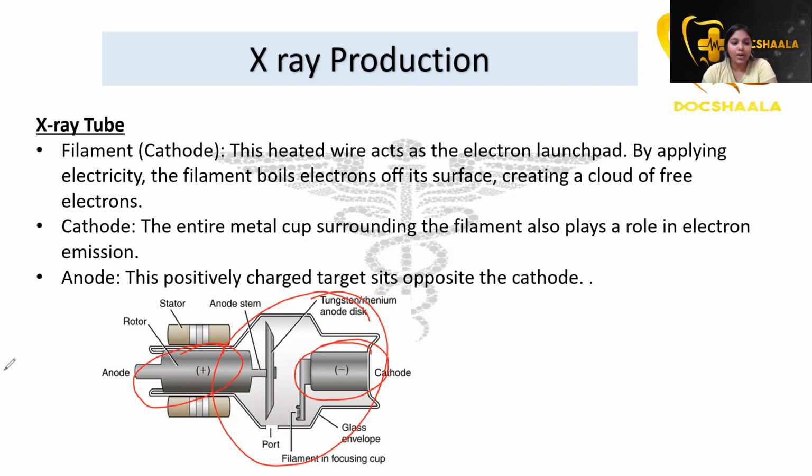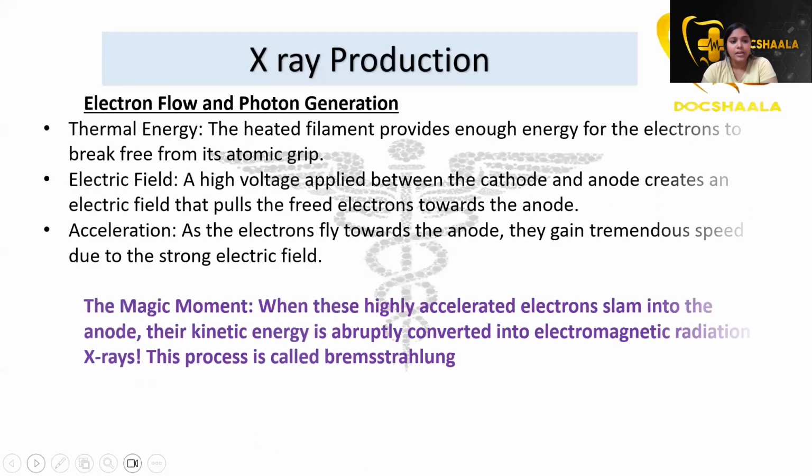So what happens once the electrons are launched from this filament? It should go and hit somewhere, right? The thermal energy, that is the heated element, gives energy for the electrons to break free of the grip of the cathode.